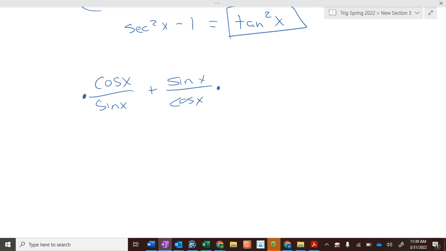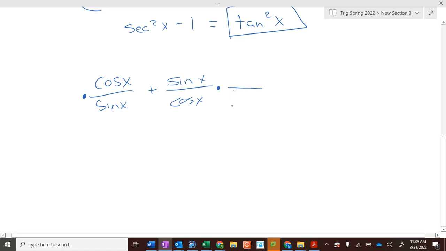If they aren't the same, what do you do? Multiply them by each other, right? So what would I multiply the second fraction by? Sine of x over sine of x. What would I multiply the first fraction by? Cosine of x over cosine of x.